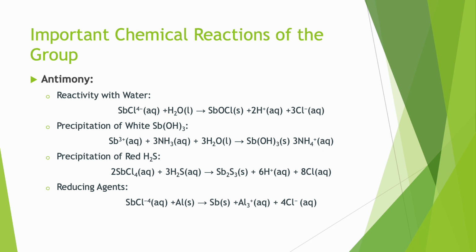Under moderately acidic conditions, it precipitates with H2S as red Sb2S3. In the presence of hydrochloric acid, either aluminum or iron will reduce the antimony ion to antimony metal, which will be deposited as black particles.